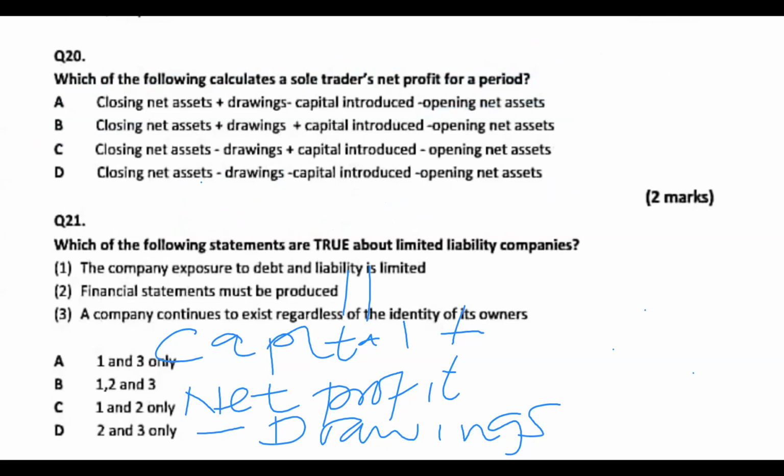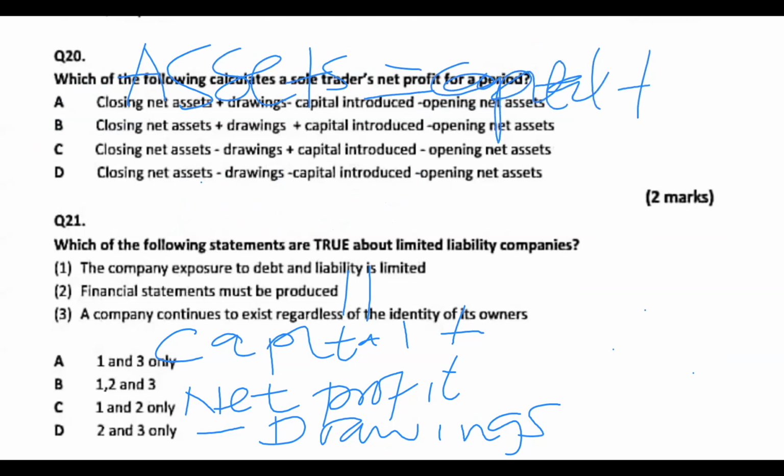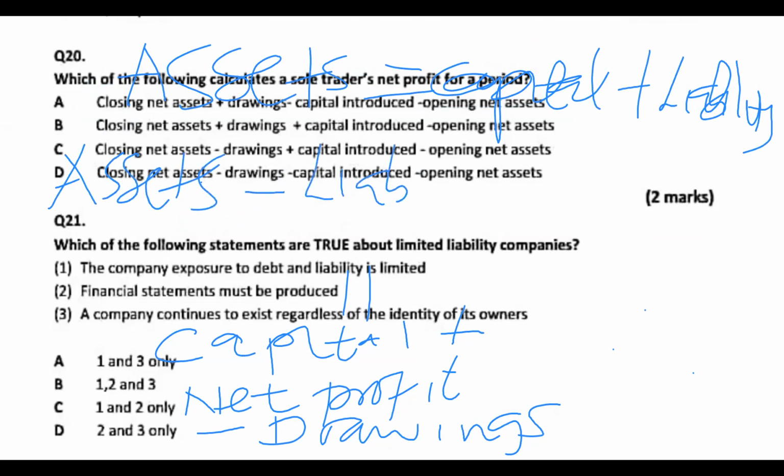Deriving the equation. The accounting equation says that total assets should be equal to capital plus liability, isn't it? Then when you say assets minus liability, this should be equal to equity, which is the same as capital, right?